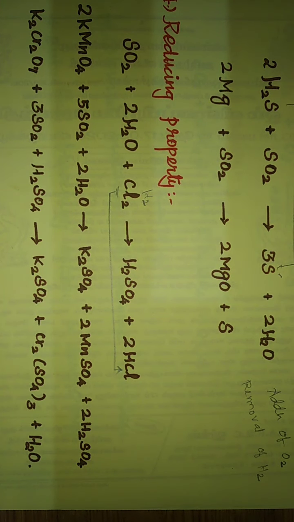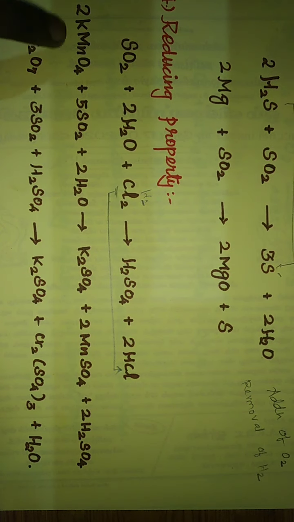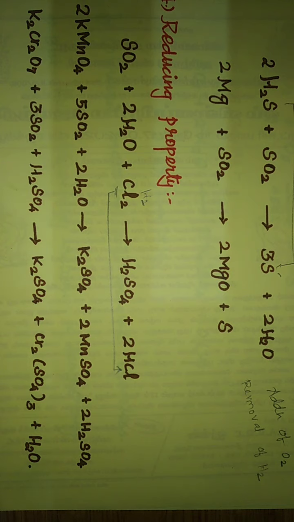Okay, reducing property. Then two more reactions we have, that is reduction of KMnO4 and reduction of K2Cr2O7. Okay, dear students, we know the charges of manganese and chromium in potassium permanganate and potassium dichromate. Can you please remember the charges? What is the charge of manganese in potassium permanganate?